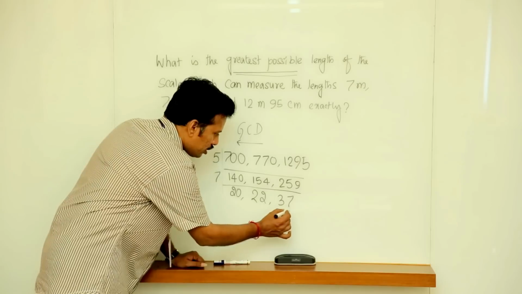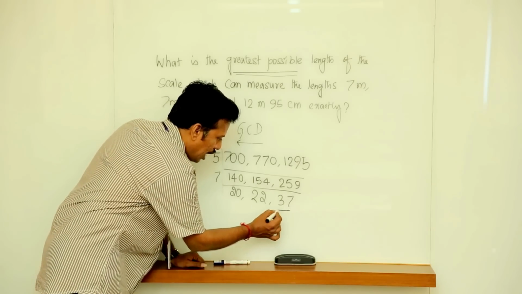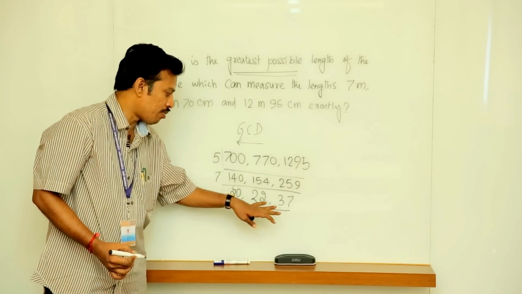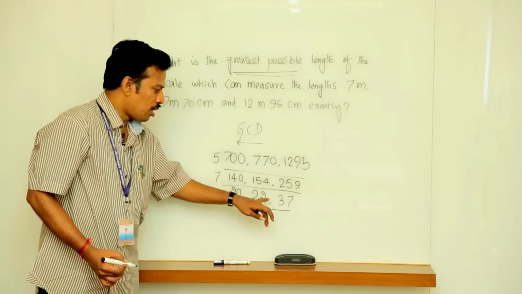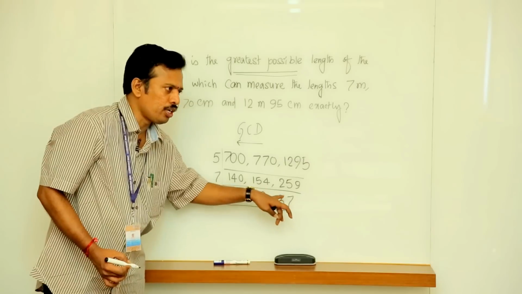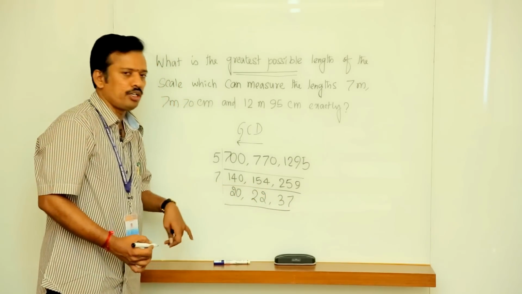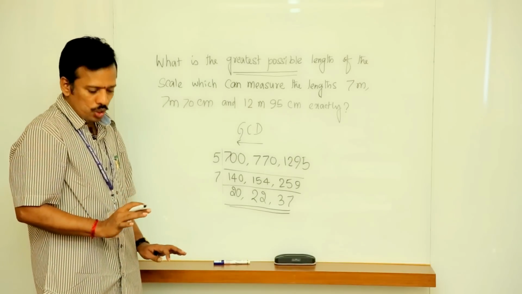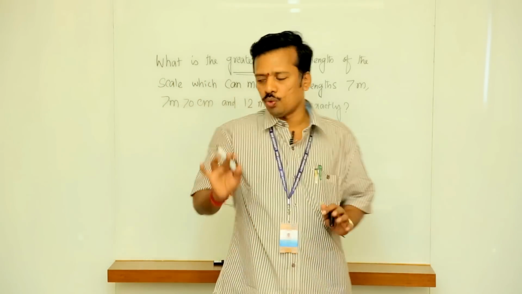In the resultant, whenever you come across at least one prime number, mostly that is the final stage. Otherwise, if you have a perfect multiple of that particular prime number, then further it is divisible. Otherwise, this is your final stage. So removing the common factors is over.